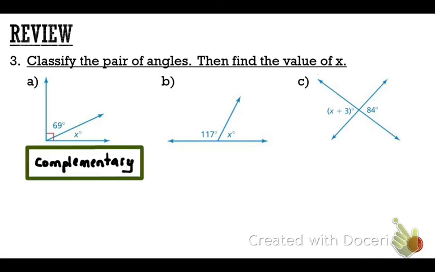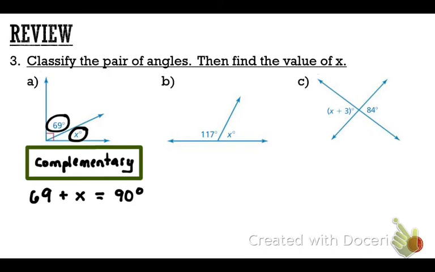If you would remind me, complementary angles always add up to how many degrees? 90 degrees. So that means this number, 69, plus this imaginary number, x, is going to equal, how many degrees did you say complementary angles were? 90 degrees. Now this is just going back to an algebra problem we learned long ago.